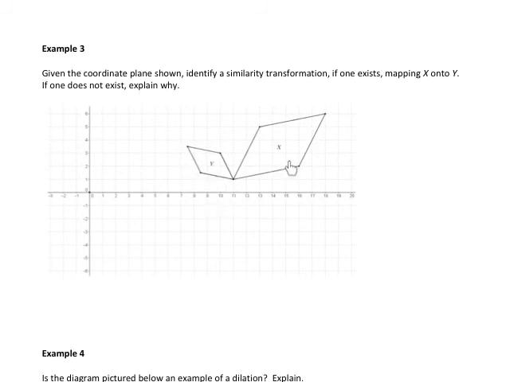So if I'm going to map x to y, there are two things going on. First, we can reflect over this line. So it's a reflection over the line x equals 11. And then we're going to shrink down x, a dilation by a factor of 1/2. You'll see corresponding angles are congruent and corresponding sides are in proportion. They all have the same ratio of 1 to 2.